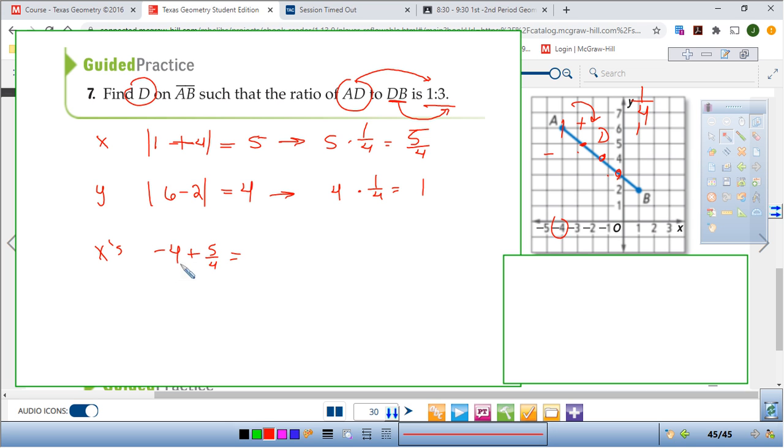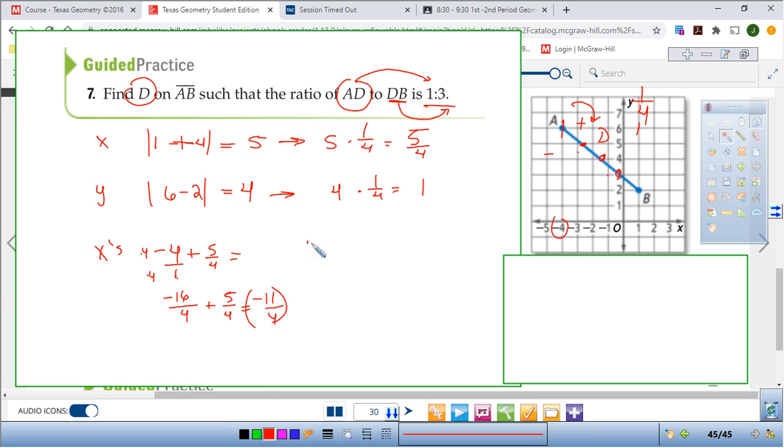I'm going to put a 1 here, and multiply this times a 4, which gives me -16 over 4 plus 5 over 4, which gives me -11/4. Okay, so that's my x value.